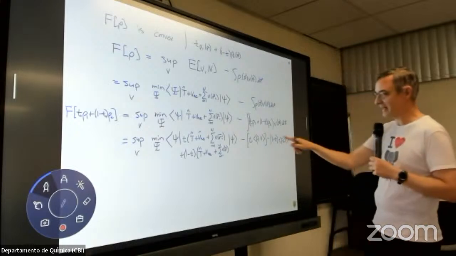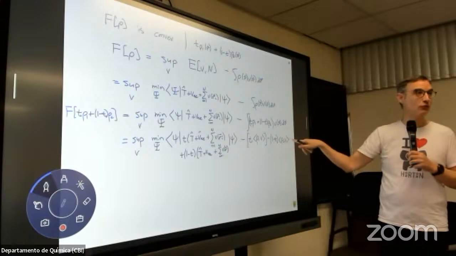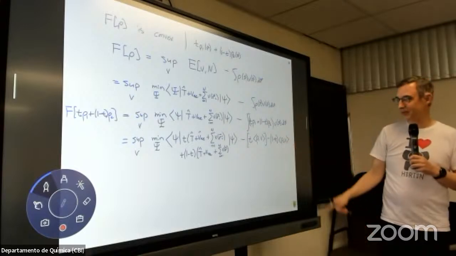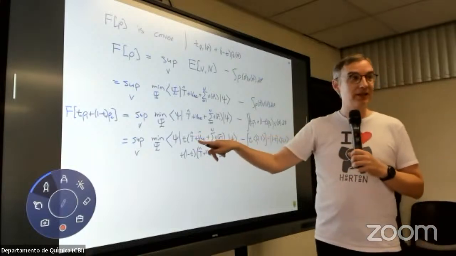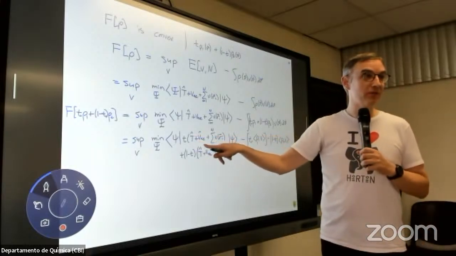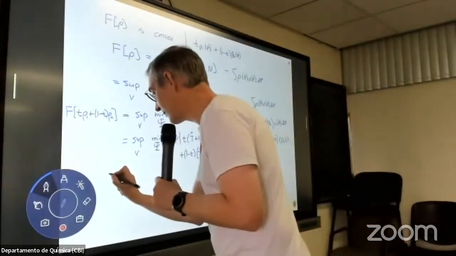I'm getting sloppier and sloppier with my notation here, but this just means integrate rho 2 times v, right? But I'm running out of space. Okay, I've broken this. This is a linear operator, right? So I have every right to break this into two pieces now.